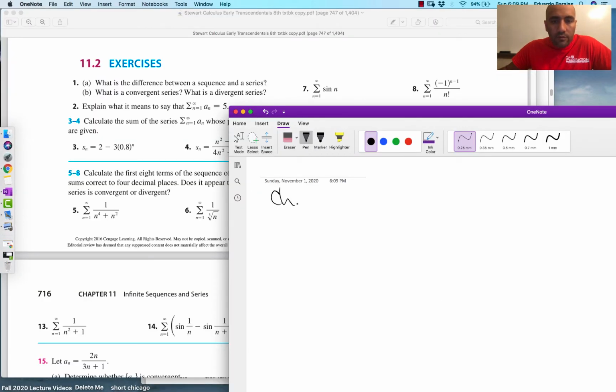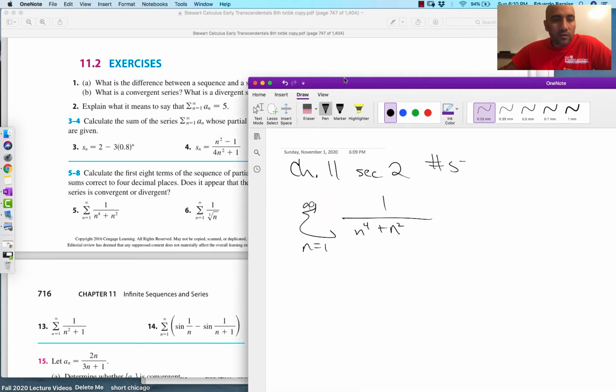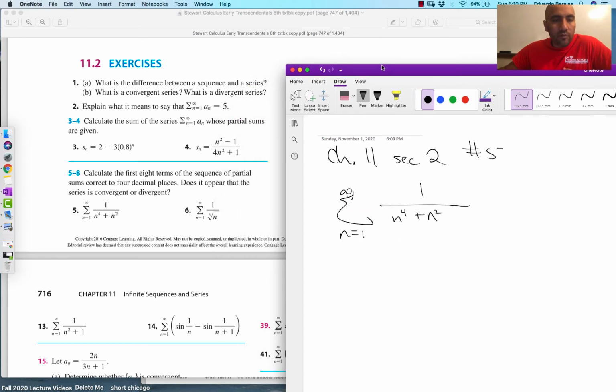This is Chapter 11, Section 2, number 5, and we have this sum of n to the 4th power plus n squared, n goes from 1 to infinity, and it just says calculate the first 8 terms of the sequence of the partial sums, correct to 4 decimal places.